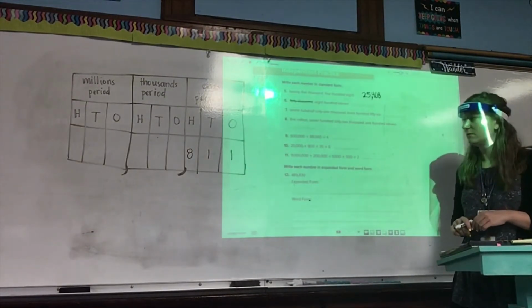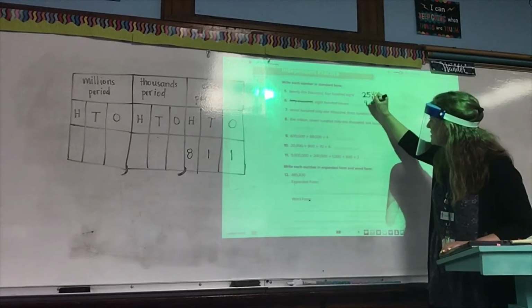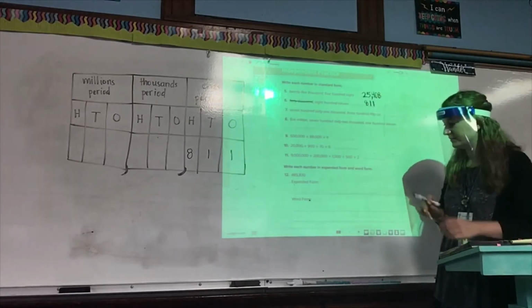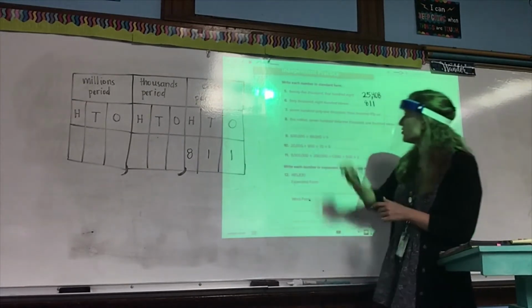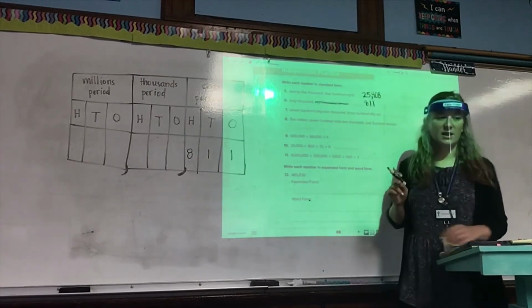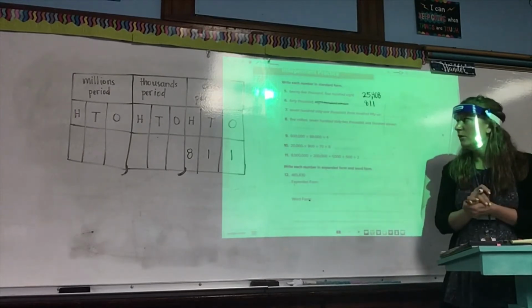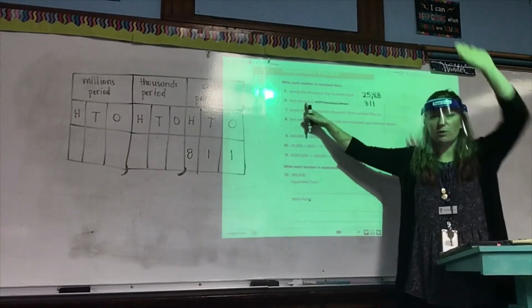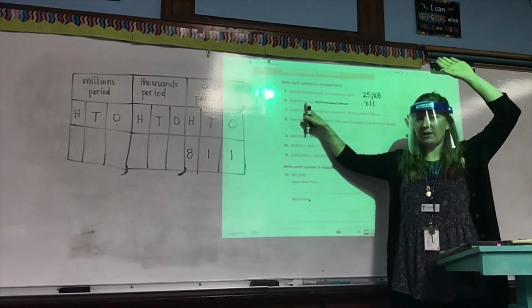In order, 8, 1, 1. Very good. So now we're done with the ones period. So let's cross off everything after the comma. Erase it, and then now we have the word thousand. So which period are we looking at now?